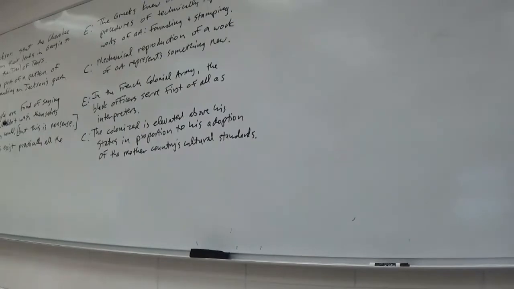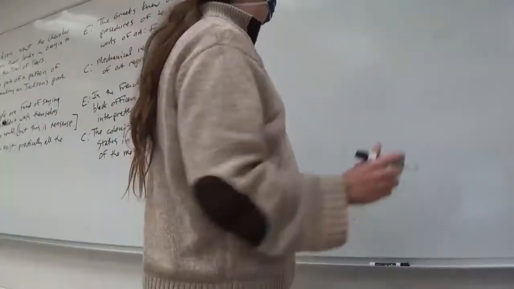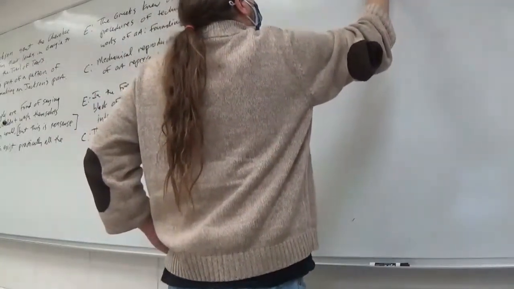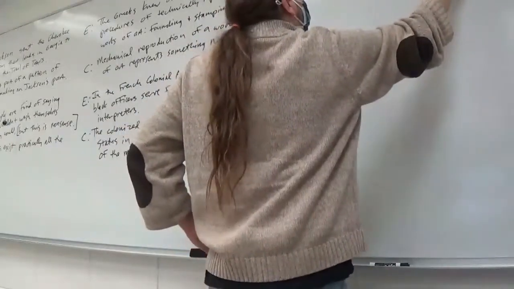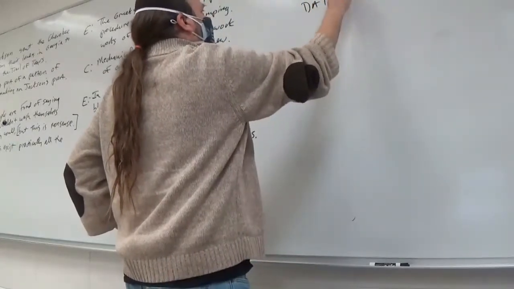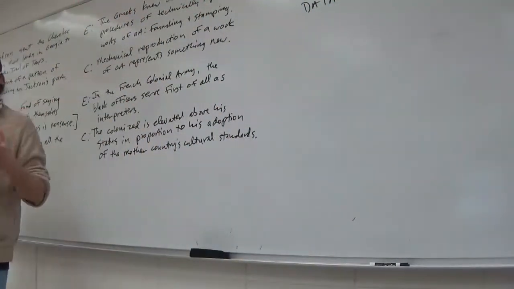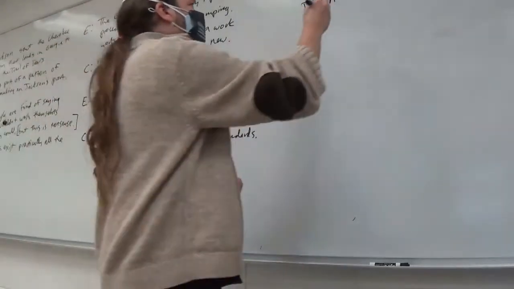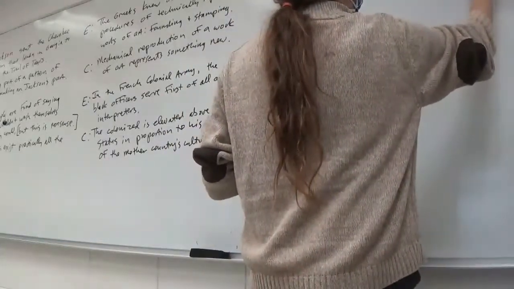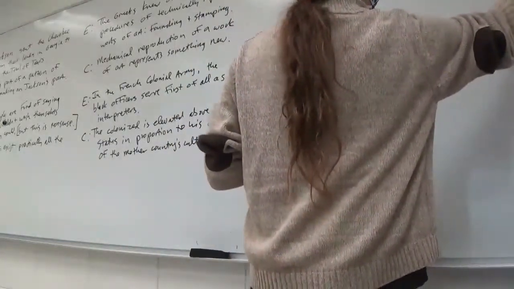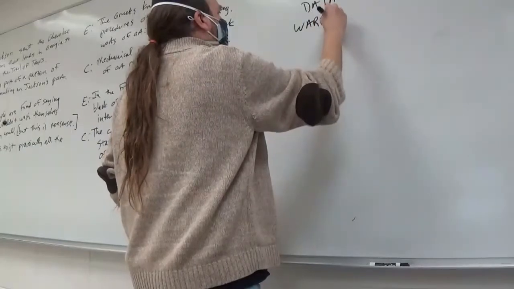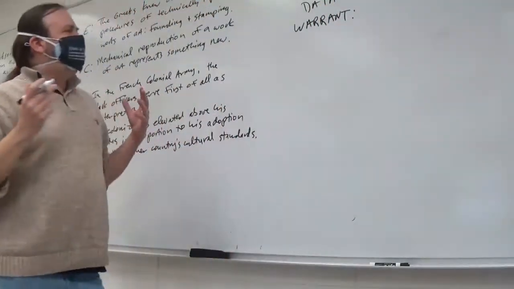So if I say, I make the claim, I am a US citizen, and I follow that up with the data, the term that Toulmin uses kind of interchangeably with evidence, that I was born in Pennsylvania. The thing we need to figure out is what Toulmin calls the warrant.